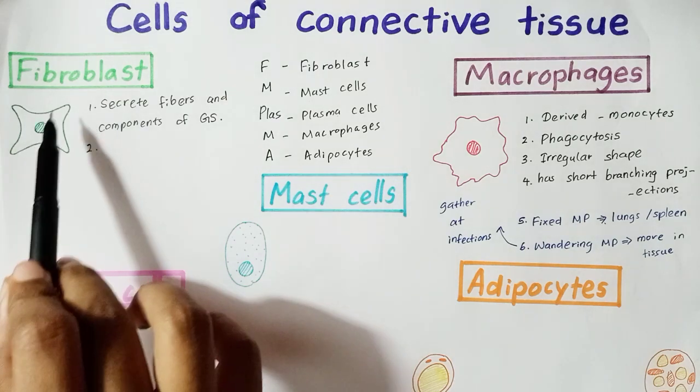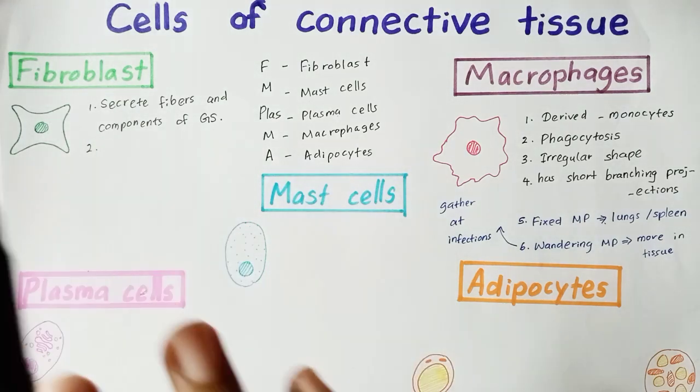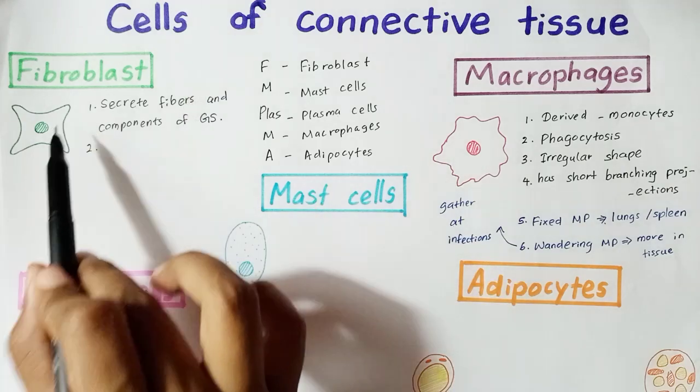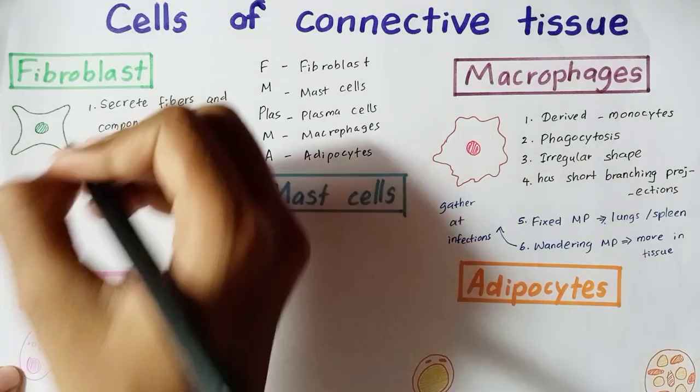As you can see in this diagram, these fibroblast cells are large flat cells with branching processes.